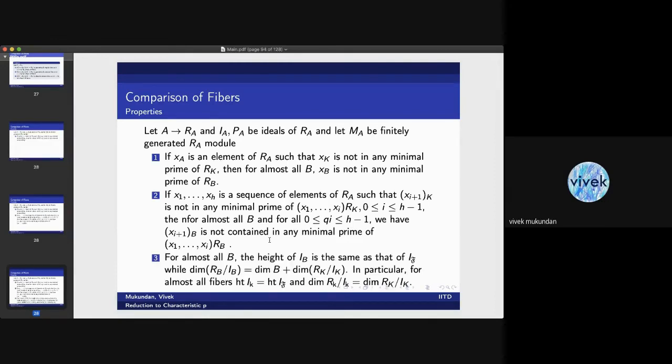For almost all B, the height of IB is the same as the height of I, and the dimension of RB mod IB is equal to the dimension of B plus the dimension of R mod I. In particular, for almost all fibers, the height is preserved when you go from the ring to the fiber, and so is the dimension of the ideal. So the dimension of RK mod IK is the same as the dimension of R mod I.